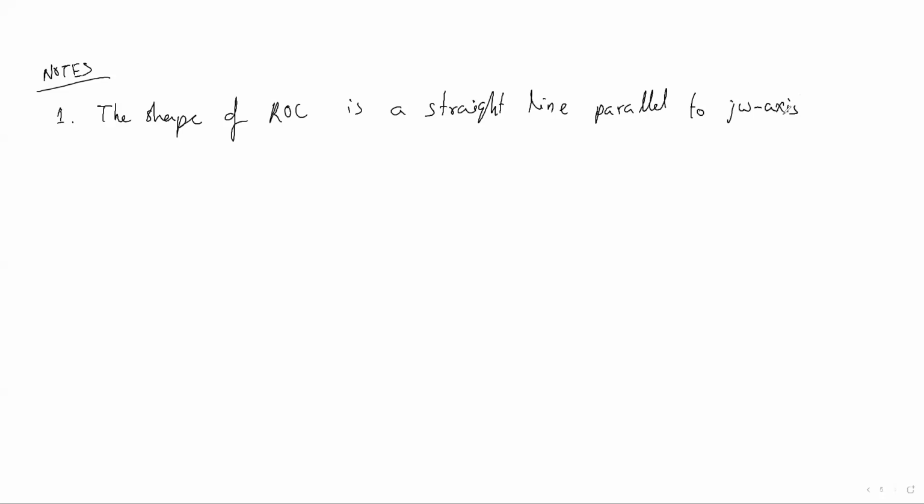You can write like this: the shape of the ROC is a straight line through the y-axis, through the j omega axis, a straight line parallel to the j omega axis.